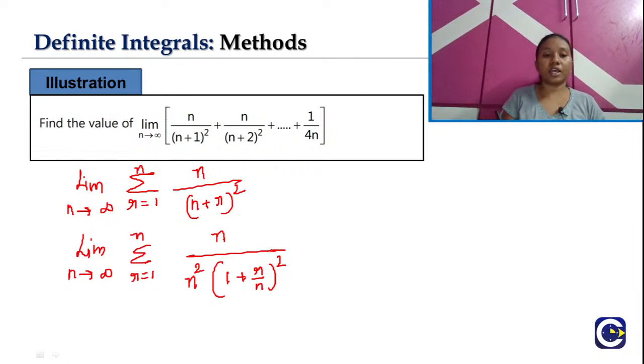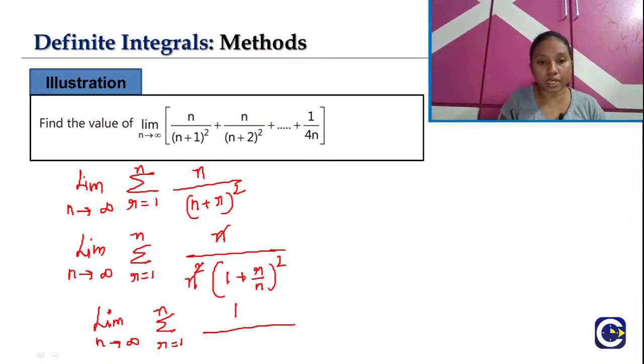Right. So now numerator n and the denominator n square. So 1 n will be getting cancelled and we will be remaining with limit n tends to infinity sigma r equal to 1 to n, and then we'll be having 1 by n into 1 plus r by n whole square.